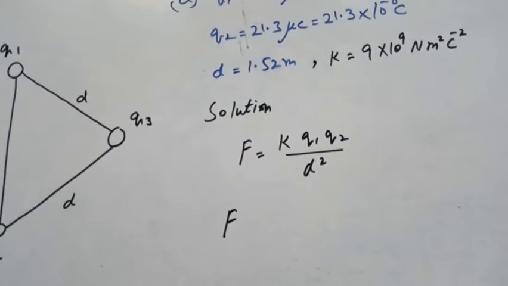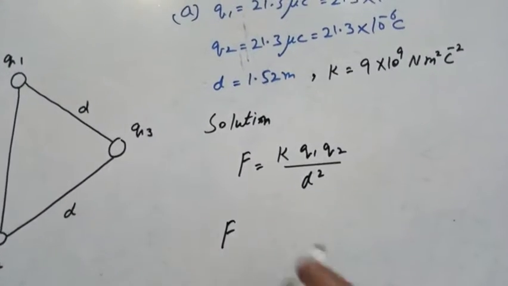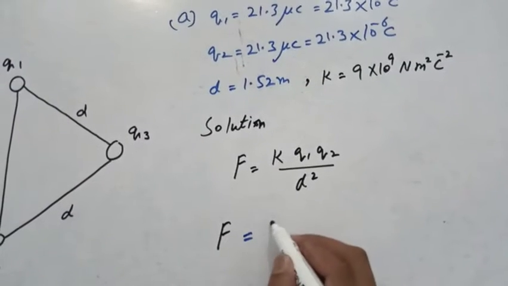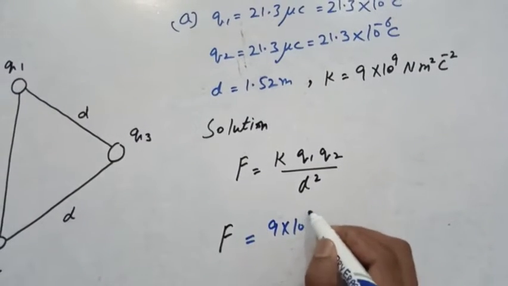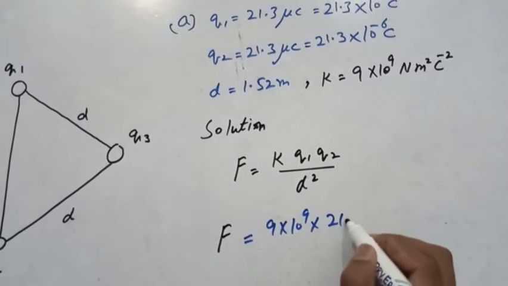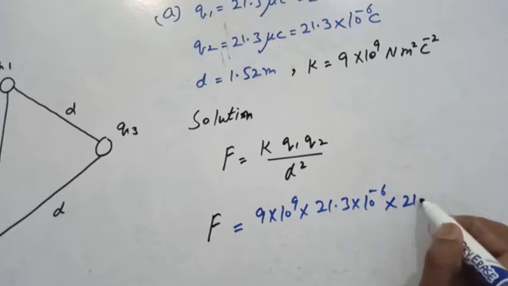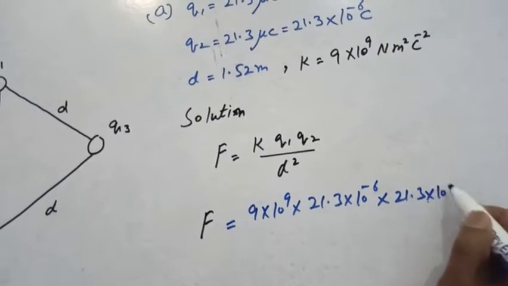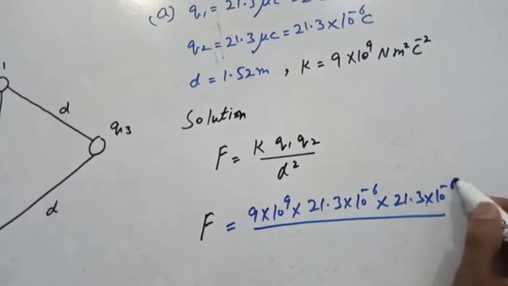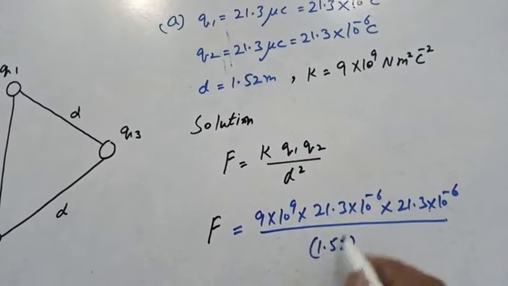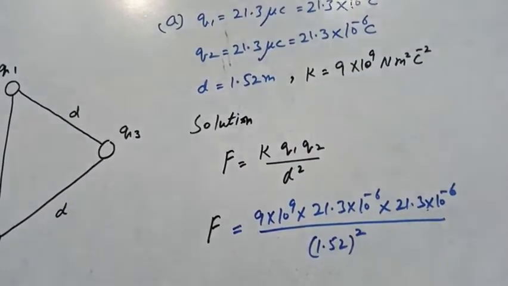To calculate the force, we put in the numerical values of K, Q1 and Q2, that is 9 into 10 to the 9, Q1 is 21.3 microcoulombs, Q2 is also 21.3 microcoulombs, and the distance is given as 1.52, d square. So here comes the square.